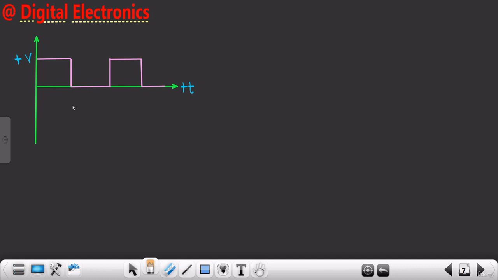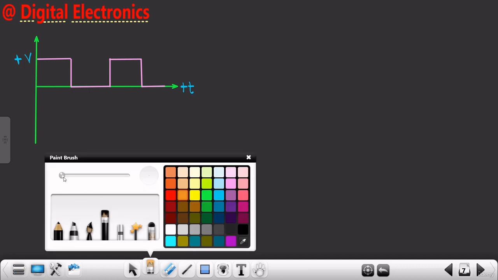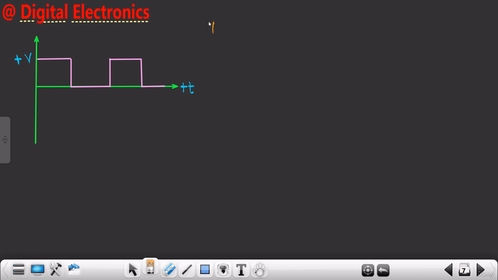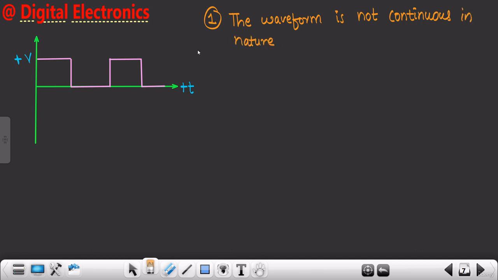Now you can clearly see that in digital electronics the waveform is not continuous in nature. Now you will say, but sir, we can clearly see that this part is getting repeated.